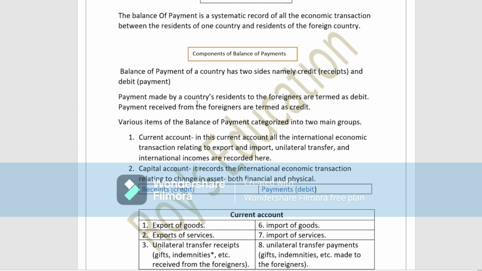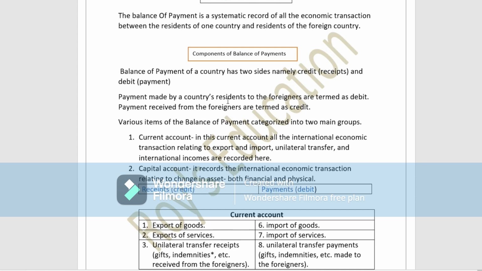Okay, now see, when a resident of a country makes a payment to the foreigners, it is termed as debit.